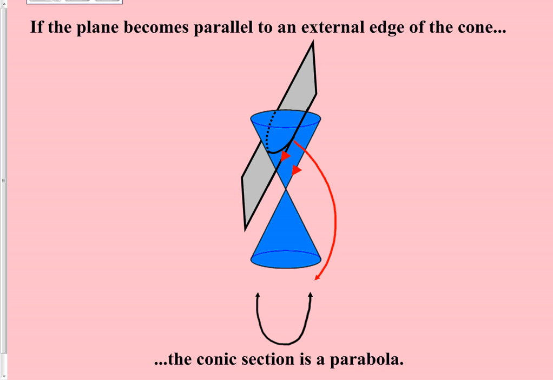The point is that the plane will pass through the lateral face, like on this one, as it moves from left to right, it enters through the lateral face, but then it exits through the base of the cone. And when that happens, you don't get the enclosed figure like a circle or like an ellipse, so we end up with a parabola. So it's not absolutely required that the plane be parallel to the external edge. We were just trying to get a little bit of a basic knowledge. Just understand if the plane goes through the lateral face on one side and comes through the base on the other side, you're going to end up with a parabola.